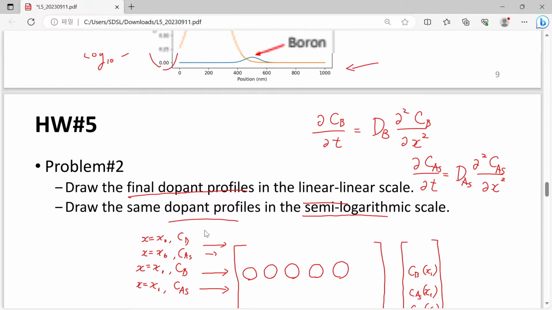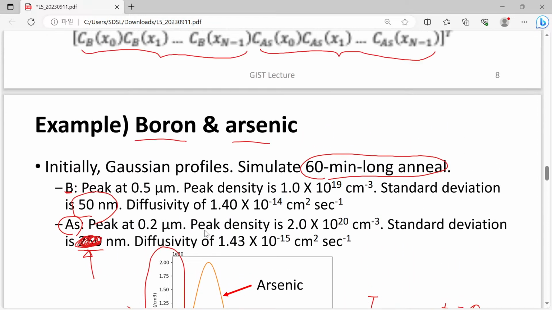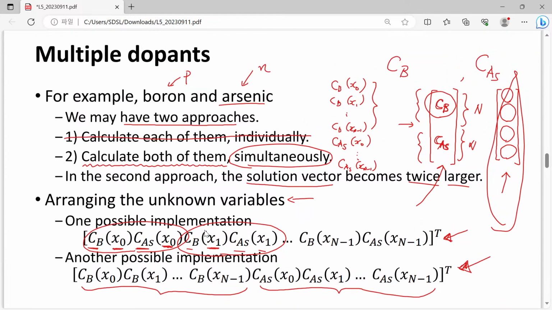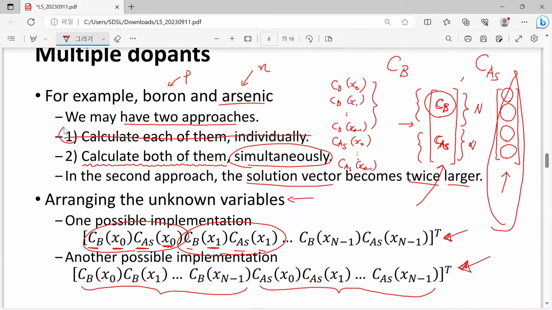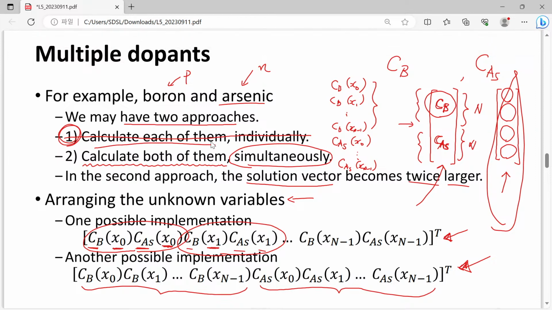Okay, that is a good question and I already explained it, but I will repeat this one. So you are now talking about this first one. So calculate them individually. Actually in this system, boron and arsenic are not interacting anymore. So it is completely okay to take this first one.